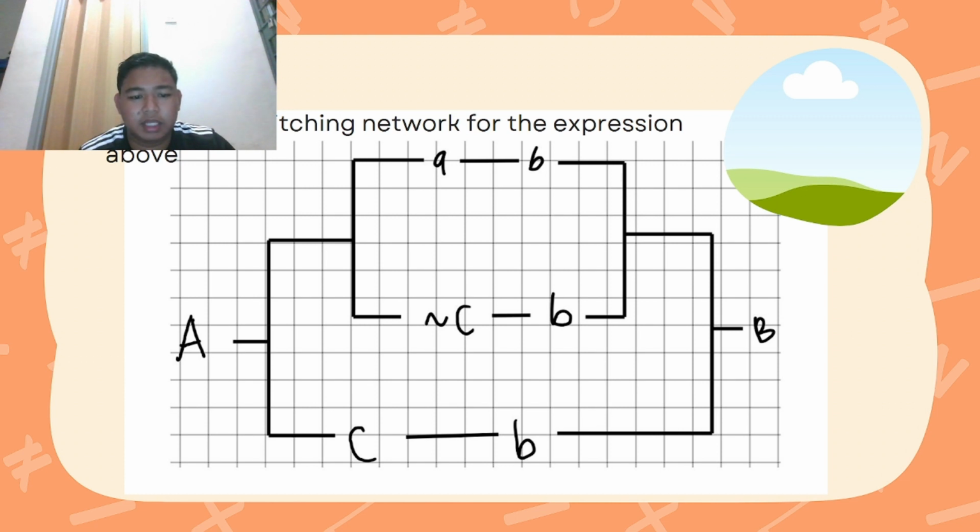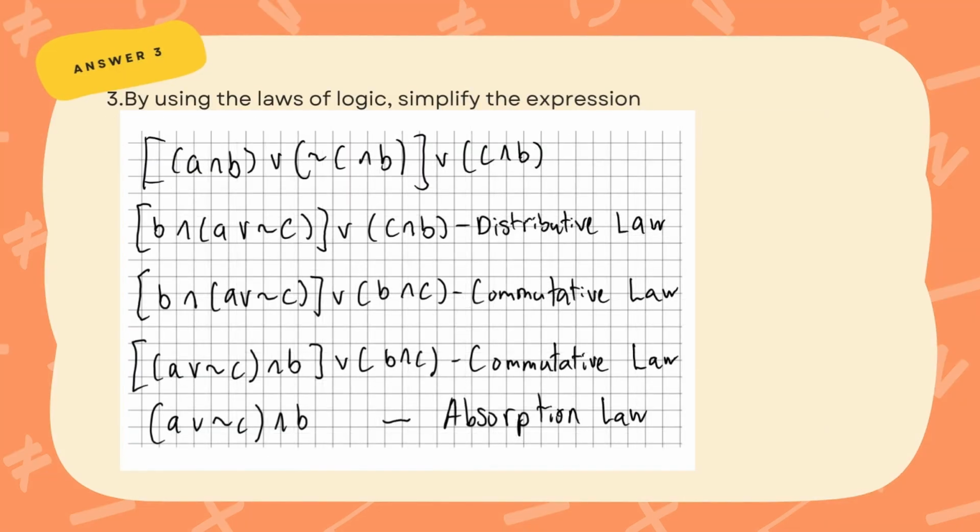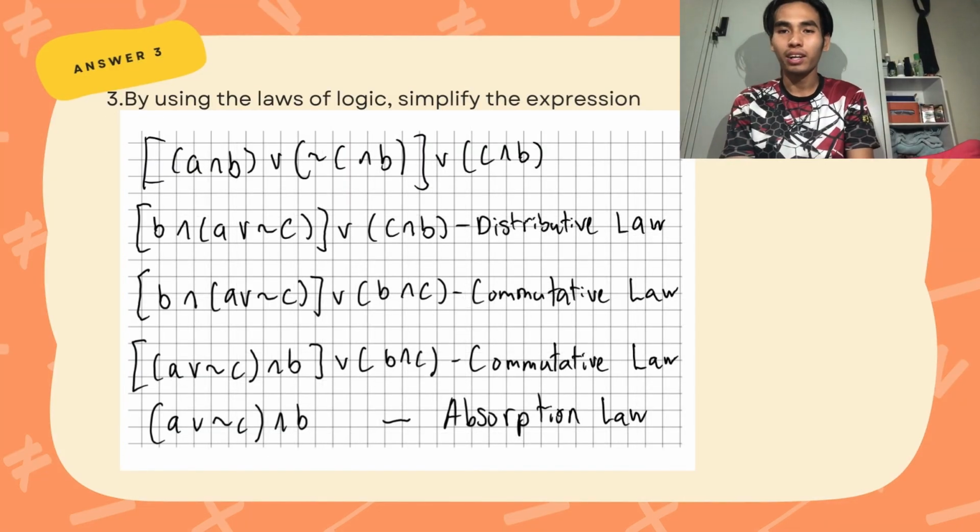So it will be like this: at the open terminal we put A, and at the closed one it will be B, and the switching network for the expression will be like this. Thank you, Luqman, for his answer.